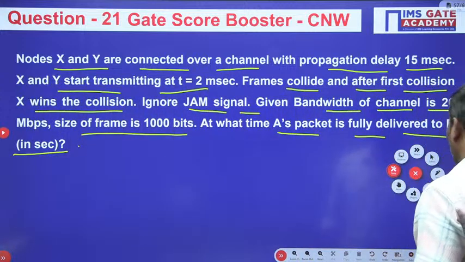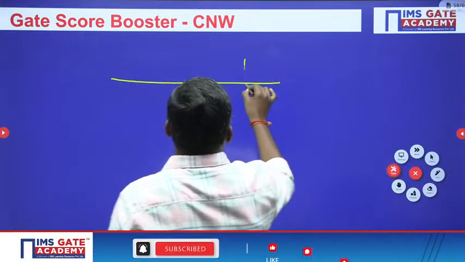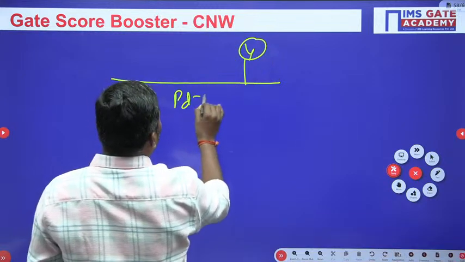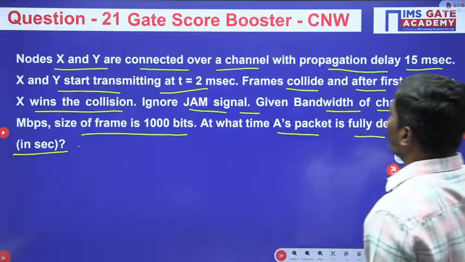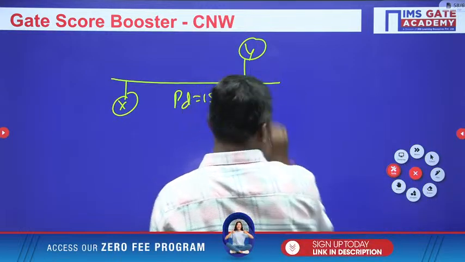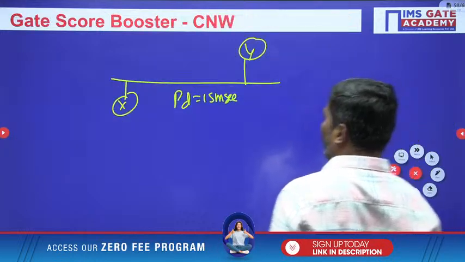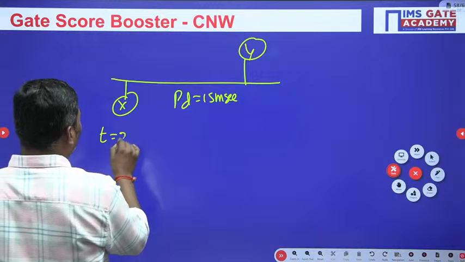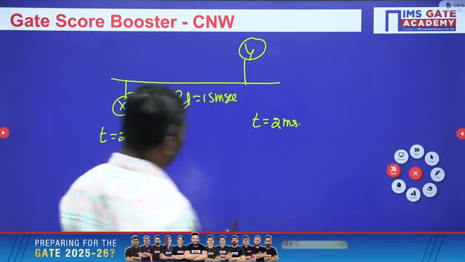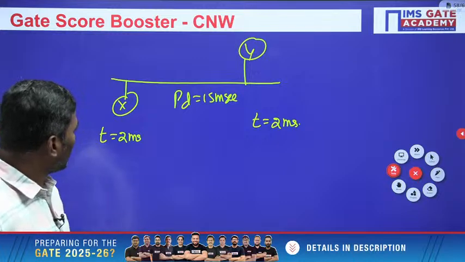Let's solve this question. Now I am taking this bus topology. Suppose station X is there, station Y is there. Propagation delay is 15 milliseconds, given. Then X and Y start transmitting at time t equal to 2 milliseconds, correct or not?